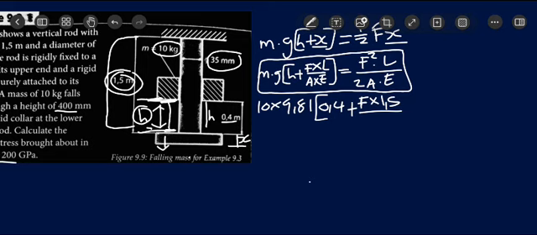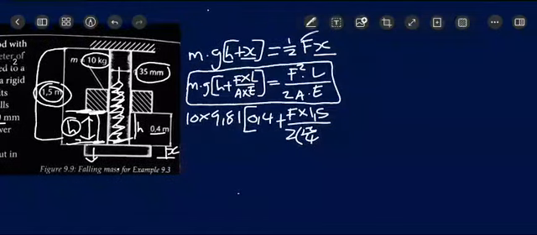Now the area of this rod, we've been given a 35 diameter. The area is pi over 4 multiplied by the diameter squared. The 35 divided by 1000 is 0.035, and we square that.